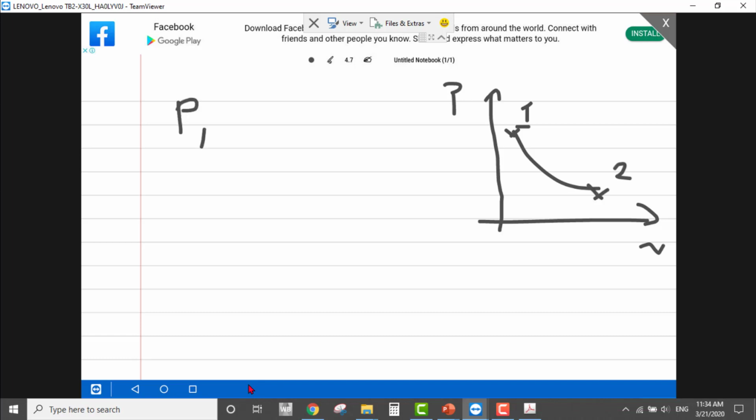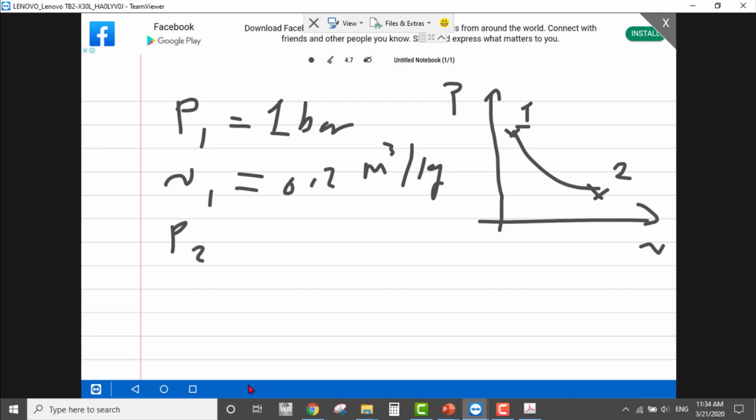P1 is given as 1 bar, v1 is given as 0.2 meter cube per kilogram, and P2 is given as 0.25 bar. Now we need to find V2.